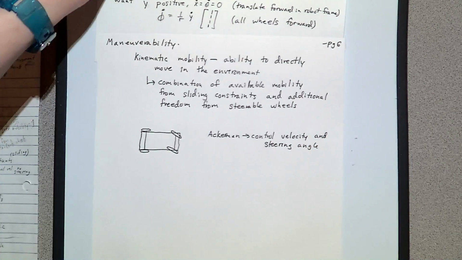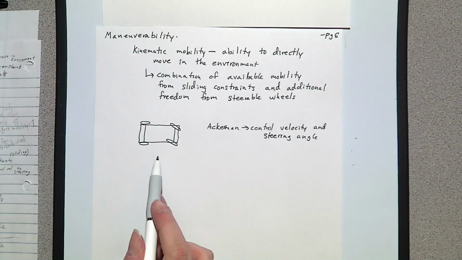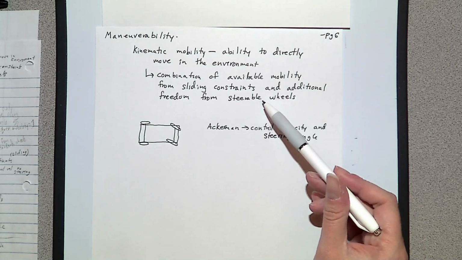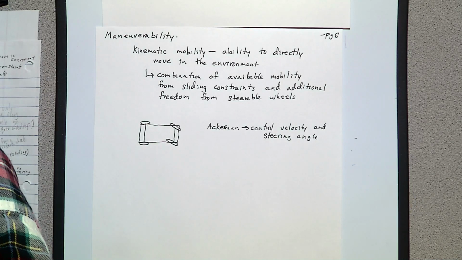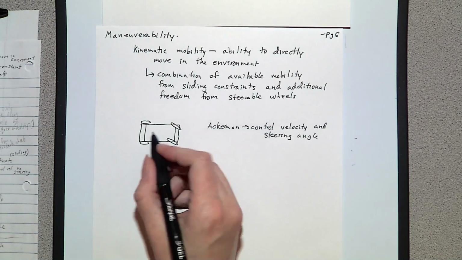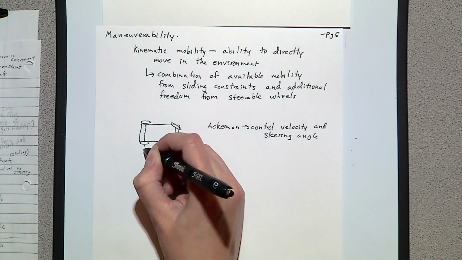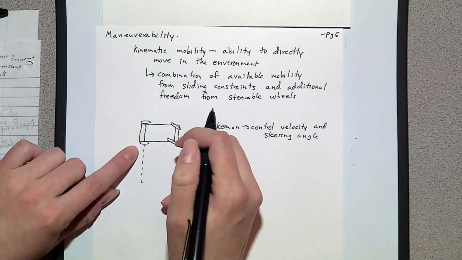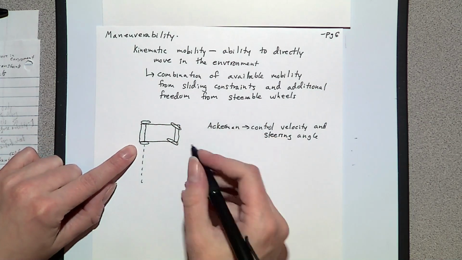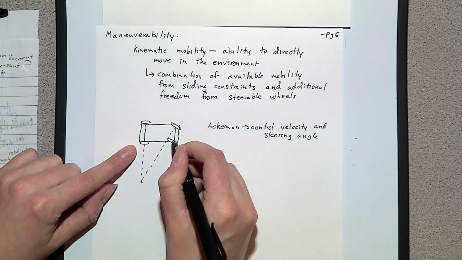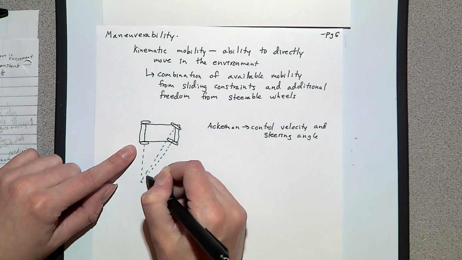And so what dictates how we can move is part of those sliding constraints. What we know is that in our standard wheels, we can't slide in the direction perpendicular to the wheel plane. The same is also true for these front wheels, these steerable wheels.